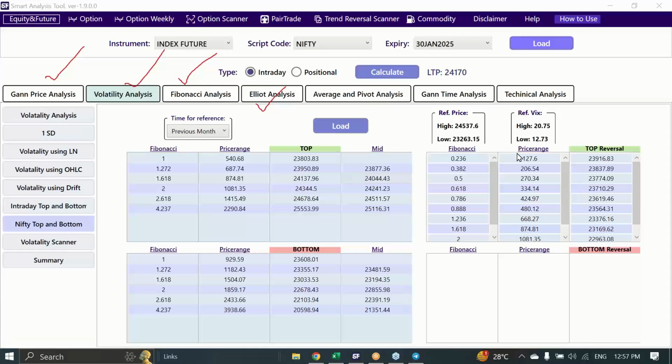VIX is one, but you can use it in different ways. Similarly, volatility is one, and you can use it in different ways. So there are a number of ways we have utilized volatility, and this is how our software works.